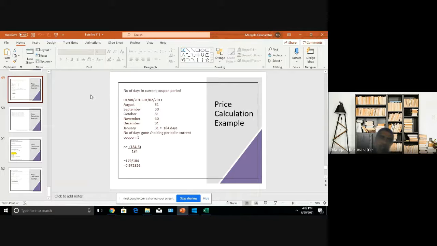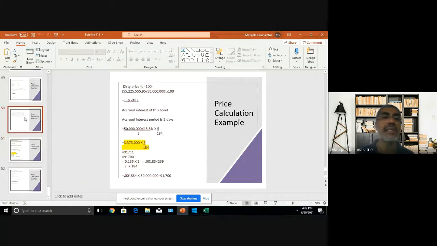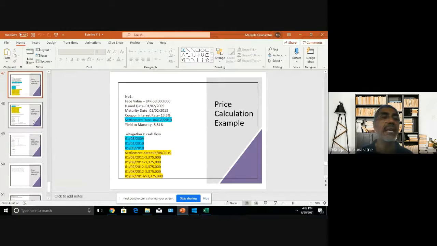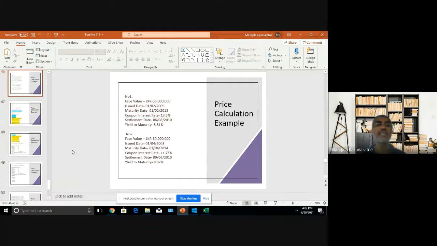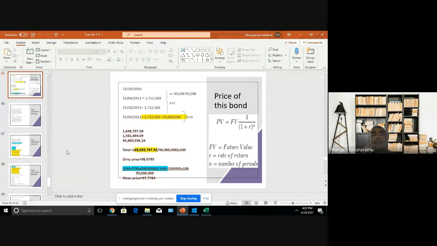You know these terms. So the clean price is the price of the bond without considering the accrued interest. So now you add accrued interest to the clean price, and then you get the dirty price.